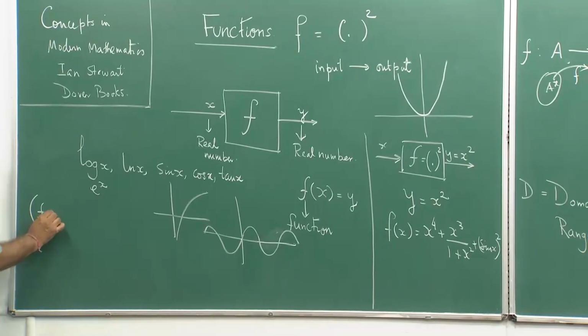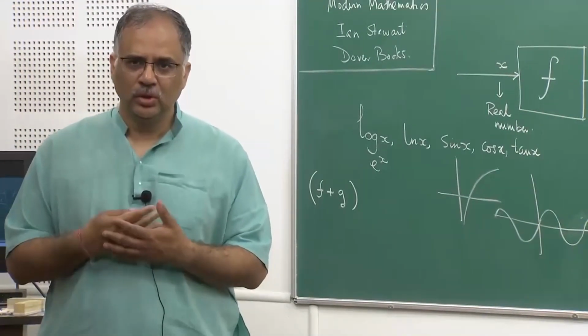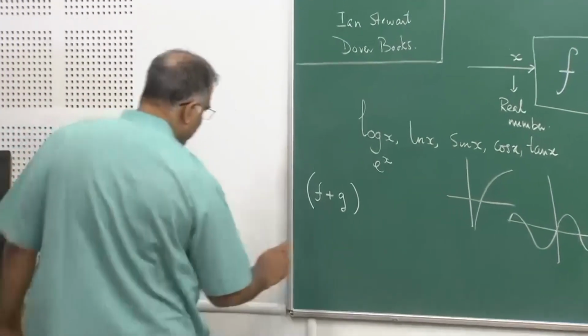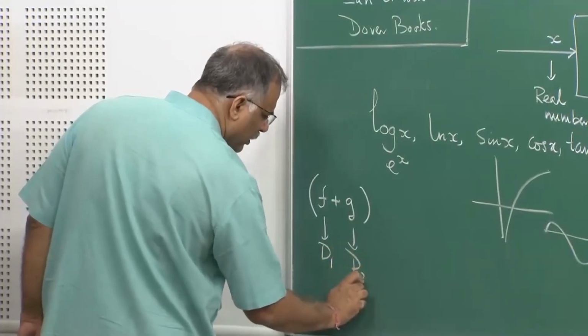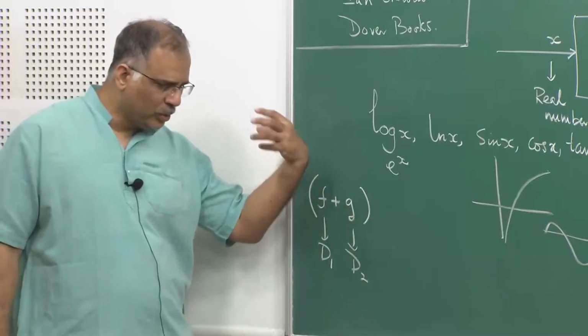Suppose, what is the meaning of adding two functions? If f and g are given as two functions over two different domains, say this is the domain D1 and this is the domain D2, then this f plus g is a function where you have to operate both f and g.